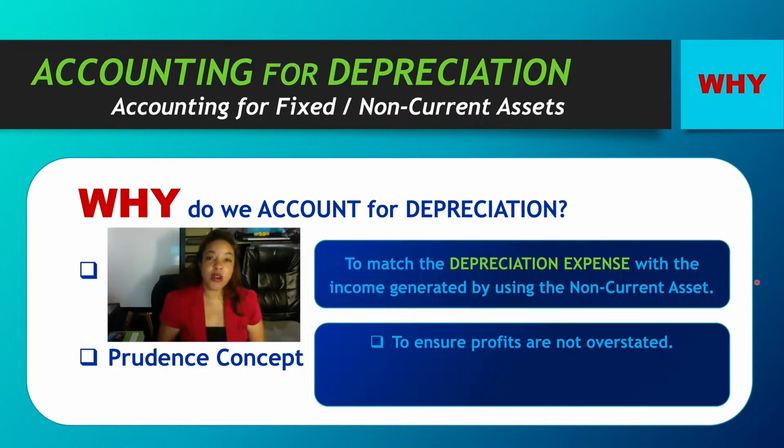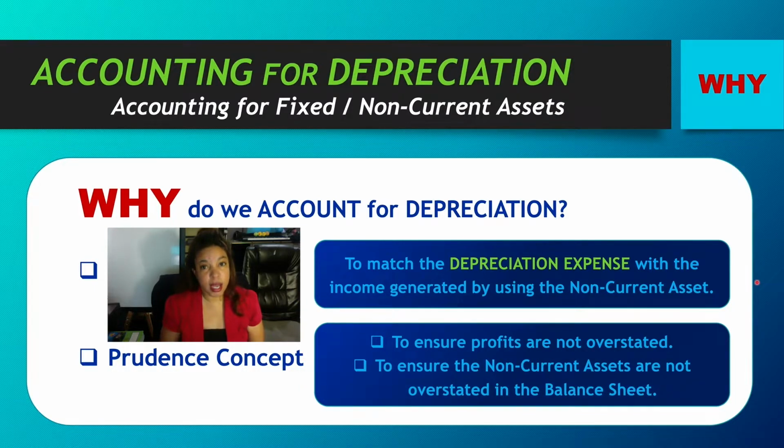If we do not account for depreciation expense, because remember, expenses decrease or reduce your profits, then we will be overstating profits when we calculate profits in the income statement.